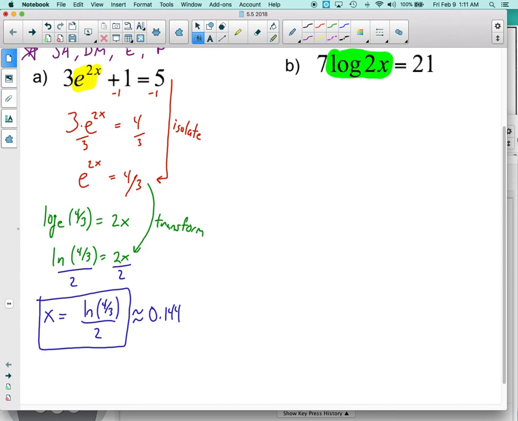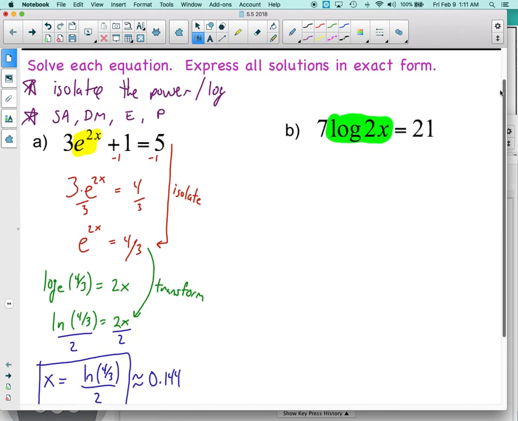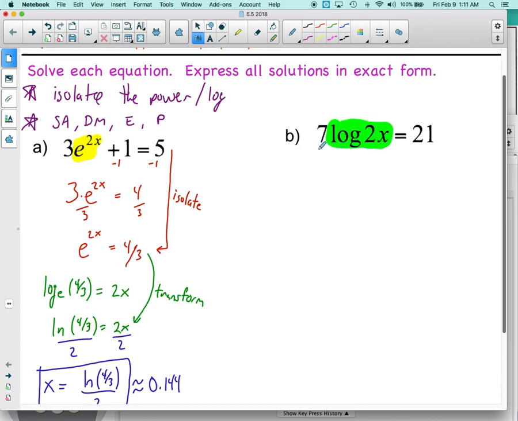All right, so there's that first example. Let's look at the next one. Again, our first thing we want to do is isolate this log. That's pretty easy. We want to get rid of that 7, so we're going to divide everything by 7. So we get log of 2x equals 3.